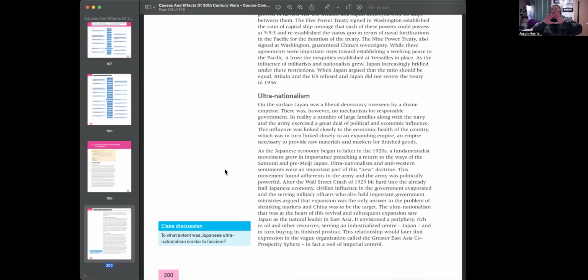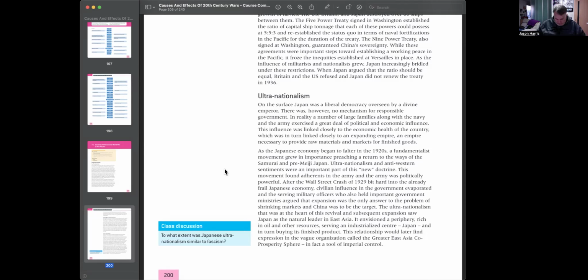So, in other words, we're going to have this empire. The four main islands, Honshu, Shikoku, Kyushu, Hokkaido, are going to be in the middle. And around it, we're going to surround ourselves with colonies and people that will buy our products and give us the resources to make new products.